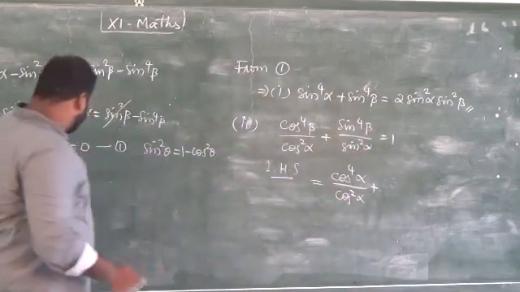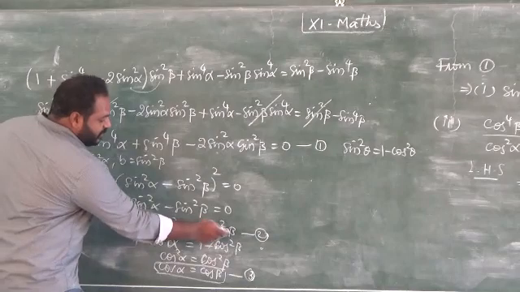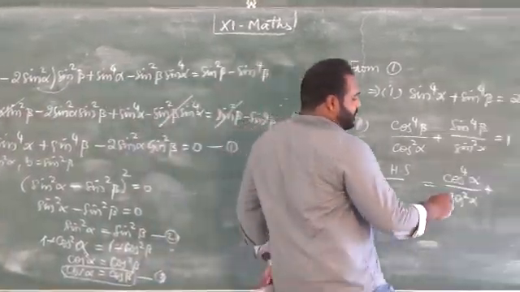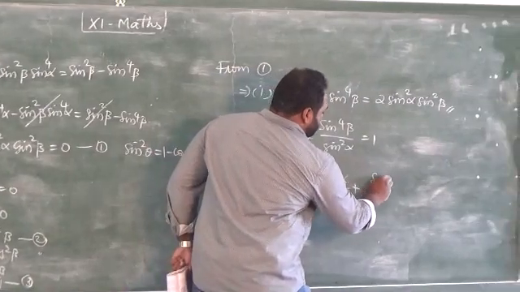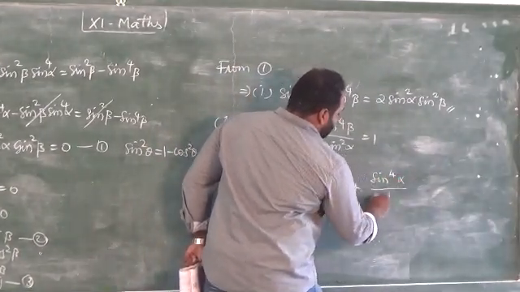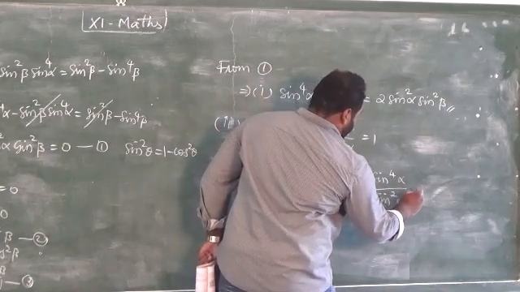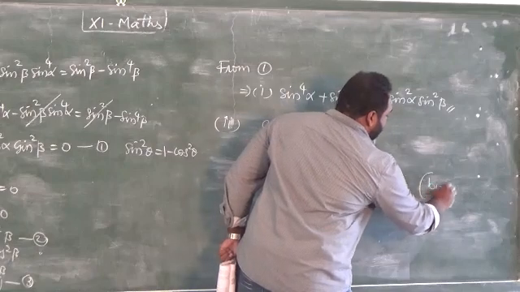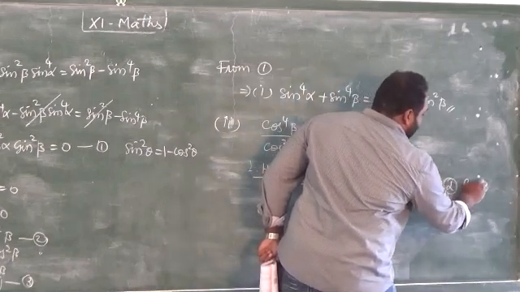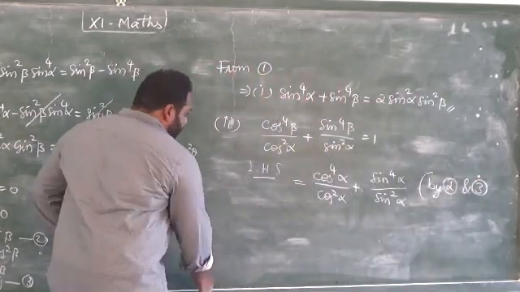Here in result 2, we know that alpha beta both are same. So in this, sin power 4 alpha by sin power 2 alpha, by result 2 and 3.